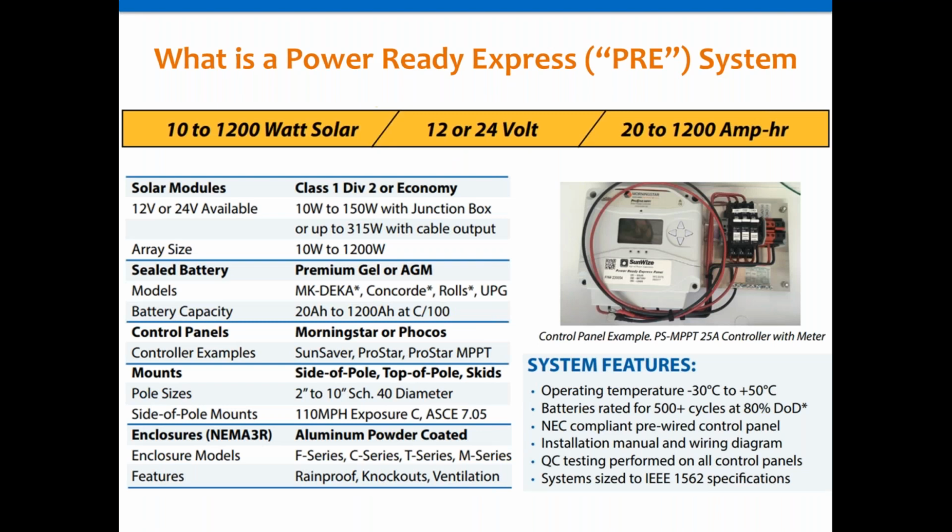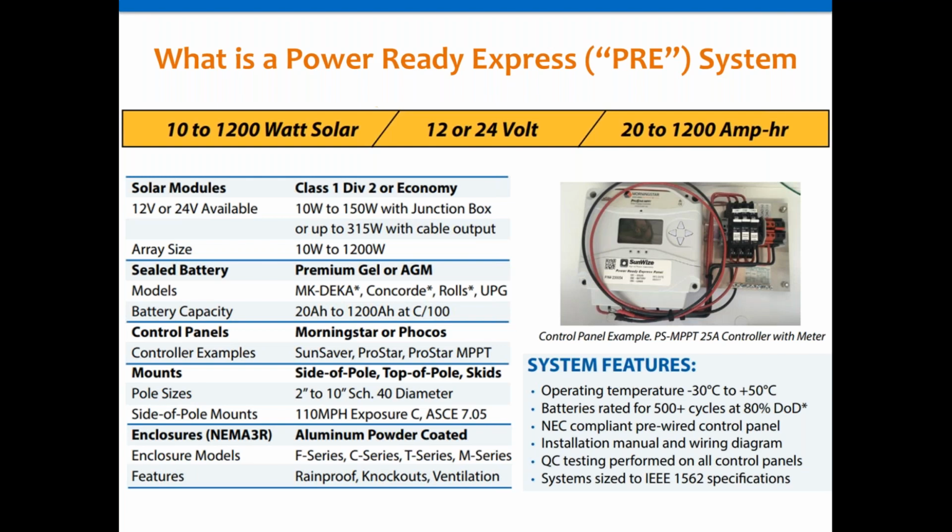So from a high level, a Power Ready Express system is a customizable system. We have the capability through speaking to a sales executive to mix and match any of the features and products listed that you see here. So that can be 12-volt solar modules or 24-volt solar modules. It can be an array size from 10 to 1200 watts.